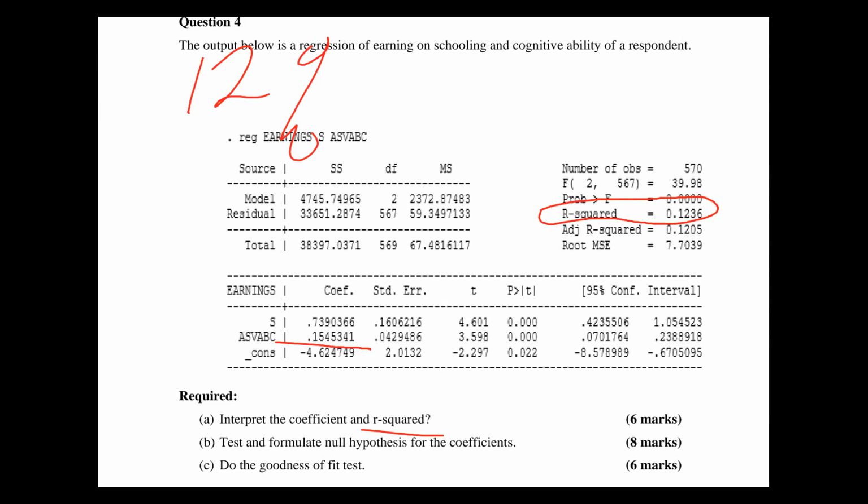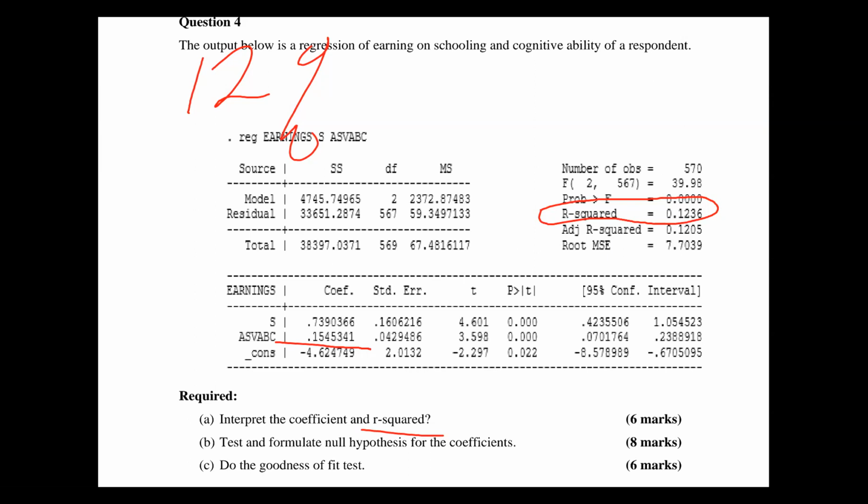That is a more specific interpretation. If you want to be general, which you should not, you can say only 12% of variance in Y is explained by the X variables. That is so general. You shouldn't. Come again on the first one. Only 12% of variance in earnings is explained by schooling and cognitive ability of a respondent.